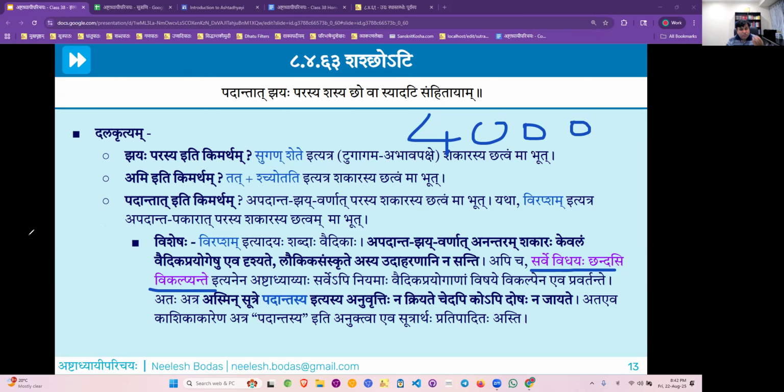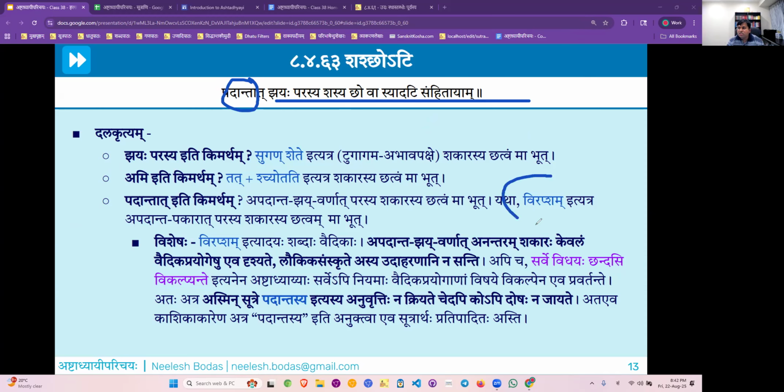Now, when we have such a strong rule, sarve vidhayah chandasi vikalpyante, does it really matter if you use the word padantat? Because the rule jhayah parasya shah chovasya samhitayam itself can be killed out in order to justify virapsham. So, in order to justify virapsham, you simply say it is a Vaidika word, sarve vidhayah chandasi vikalpyante. For the derivation of the word virapsham, I will not use Shashchoti.